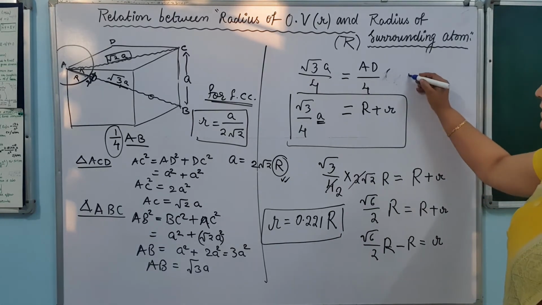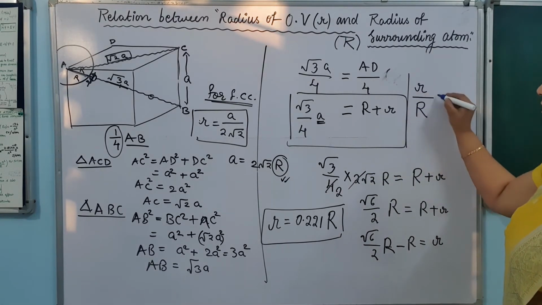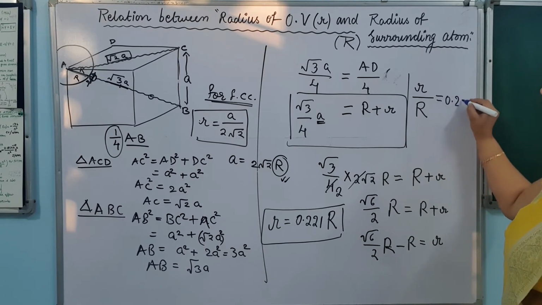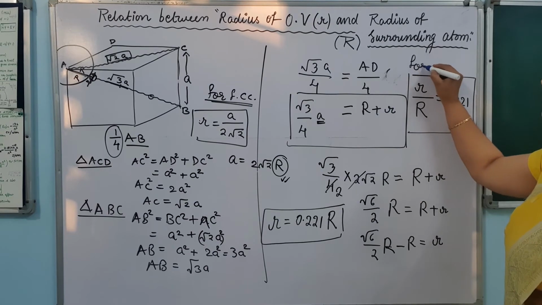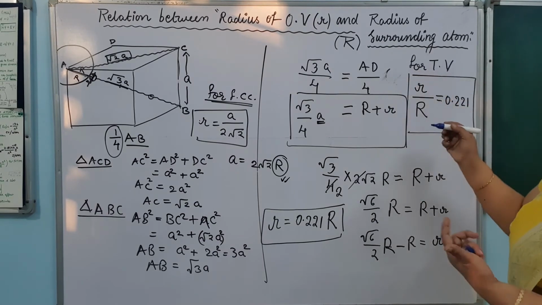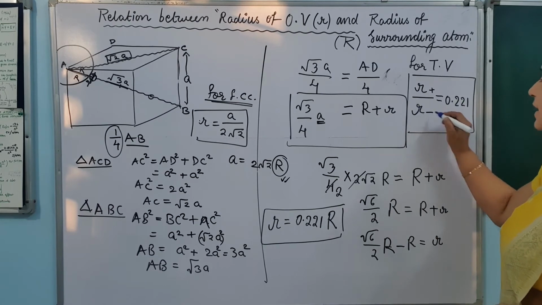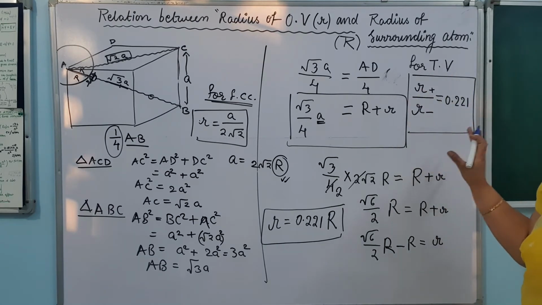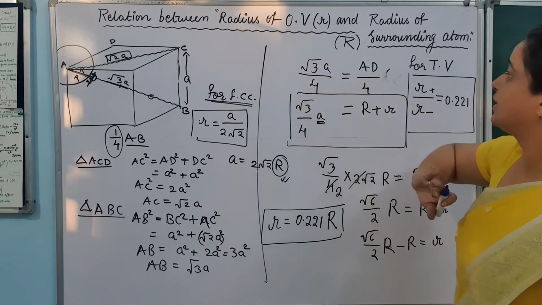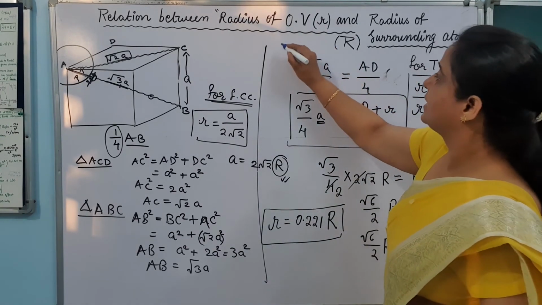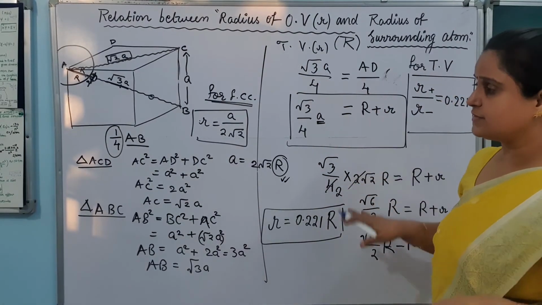Or I can write it this way: small r upon capital R equals 0.221 for tetrahedral void. Or R plus upon R minus is equal to 0.221. This way we can calculate the relationship between the octahedral void radius and tetrahedral void radius.